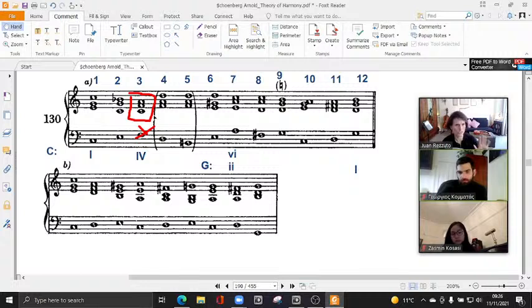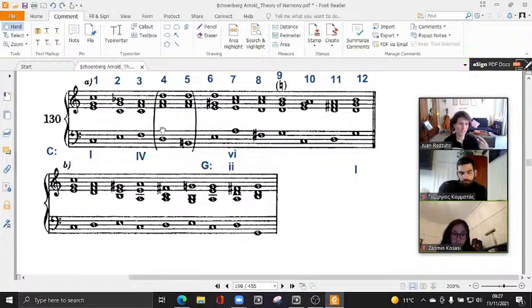If we follow the tendency of this unstable bass. C major. C major, exactly. Because the bass is C, it wants to become the root. The tendency is to go to C major. Fantastic, very good.